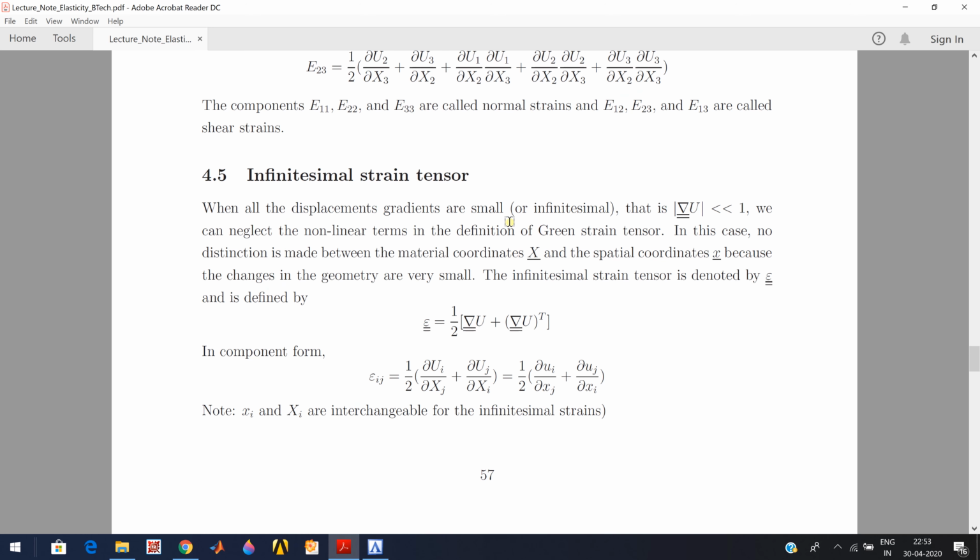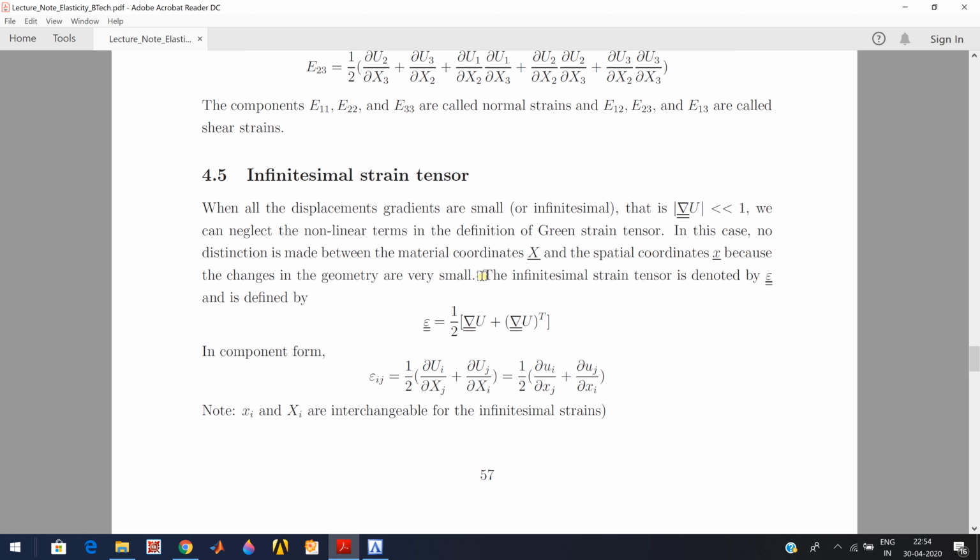and this is a nonlinear strain displacement relation. Now, if we get a situation where, let us say, the displacement gradients are small, that means grad u is very, very small compared to unity, then in this Green strain tensor definition, we can neglect the nonlinear terms. So the third terms in that Green strain tensor definition will be neglected.